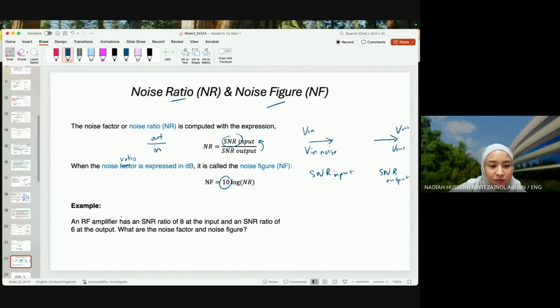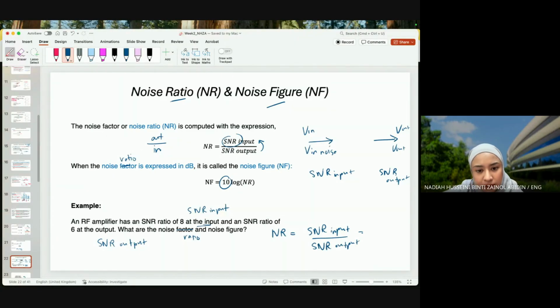Okay, an RF amplifier has an SNR ratio of 8 at the input. So we already know this is SNR input, and an SNR ratio of 6 at the output. So this is SNR output. What is the noise ratio and noise figure? Okay, NR is SNR input over SNR output.